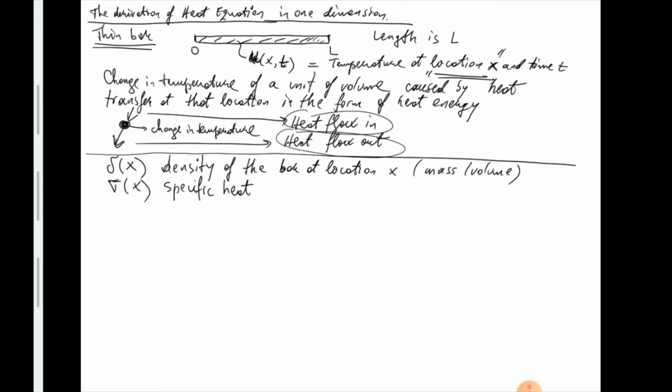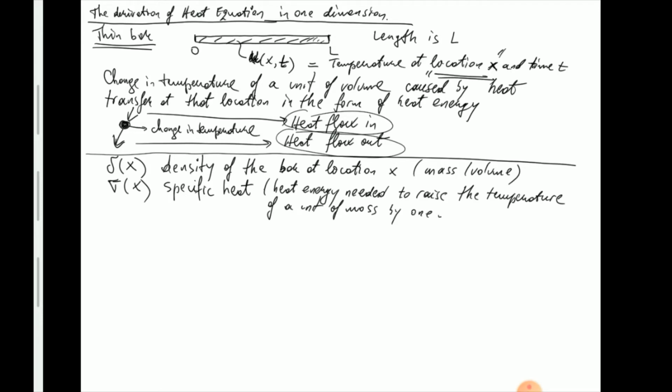And this is basically the heat energy needed to raise the temperature of a unit of mass by 1 degree. Again, it depends on the nature of the material, the chemistry of the material if you want.